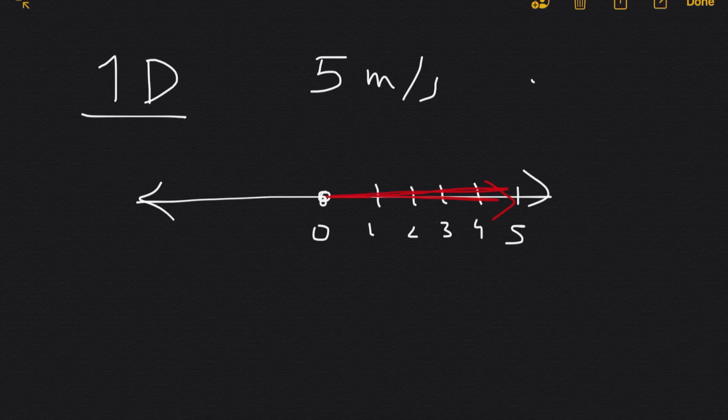And let's say now the velocity is negative 1 meters per second. Well, now your arrow would be somewhere over here, moving in the opposite direction. That's where negative 1 is. So in one dimension, this arrow, which represents our vector quantity, has to lie along this one line.